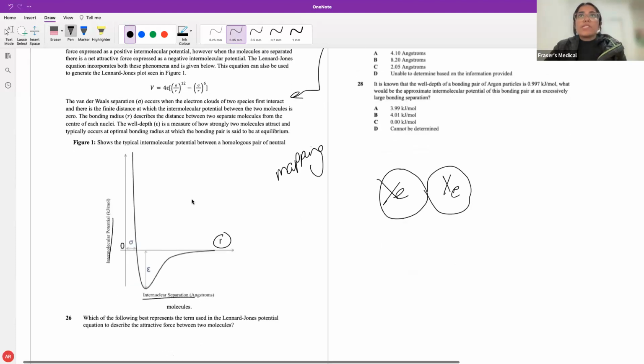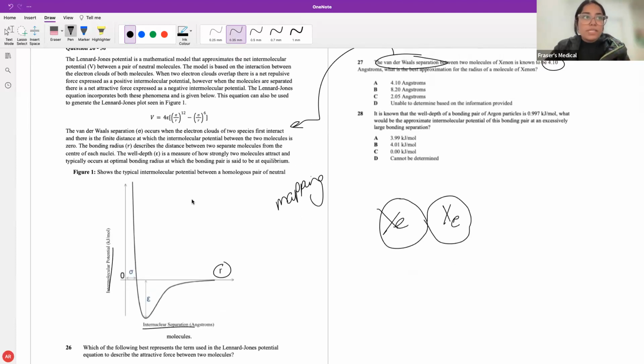So what other pieces of information do we have that can help us identify? Well, the graph. Why? Because the graph has a sigma. And how is that a link? Well, the sigma is van der Waals separation, and the sigma itself, we can see, is on the x-axis. And what is the x-axis a representation of? R. What is R? Internuclear separation. So what is that telling me?